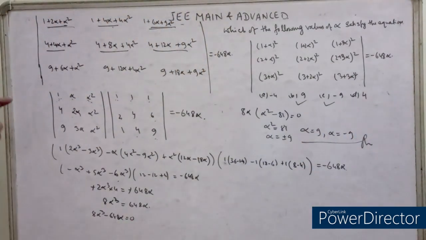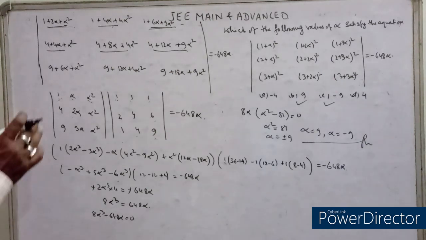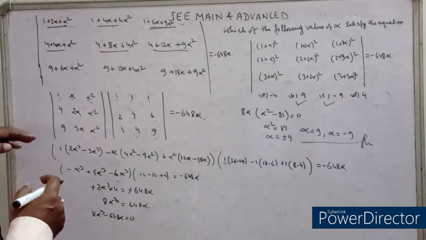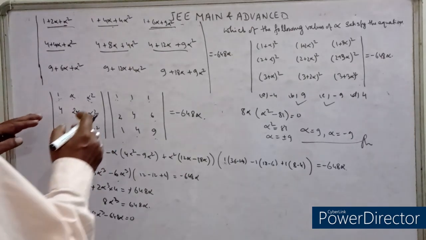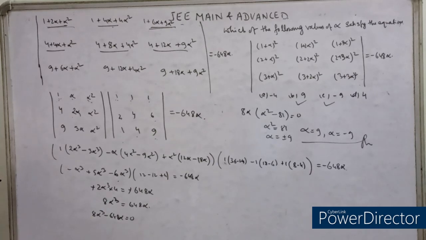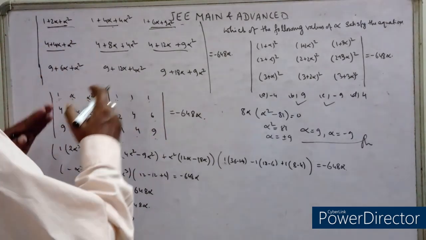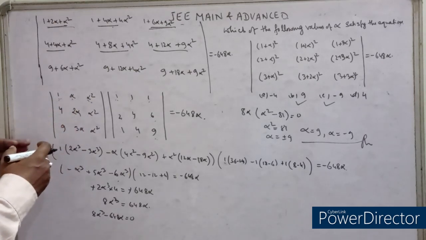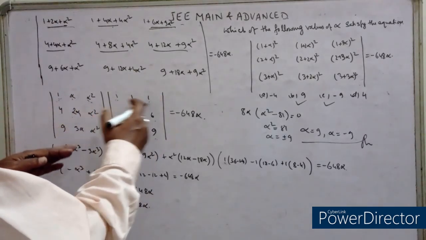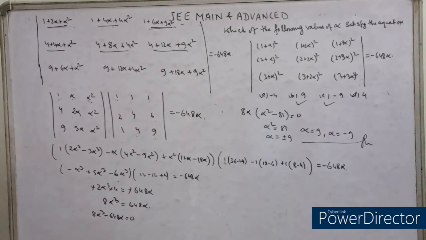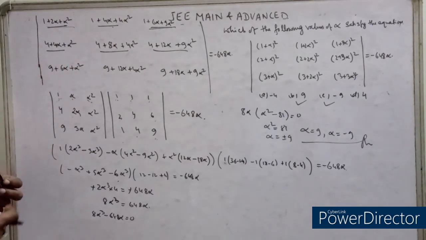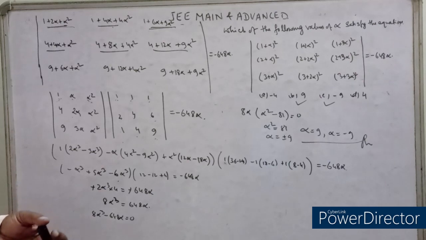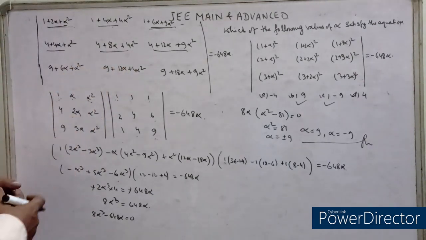So the interesting point of this question is that this determinant and matrix are both mixed together. So by seeing this, I took the help of matrix multiplication and I made it into two parts, because to find out the magnitude of the matrix, we take the help of determinant.